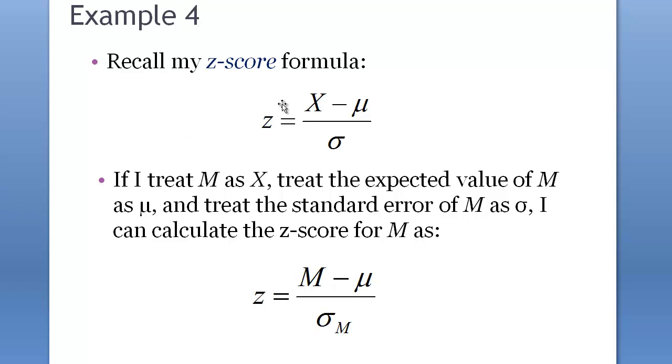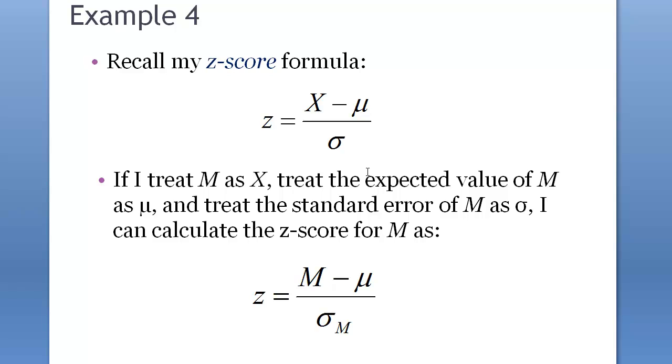Okay, let's recall my z-score formula. Z-score is like this: sample mean minus population mean divided by standard deviation. That's the z-score formula.